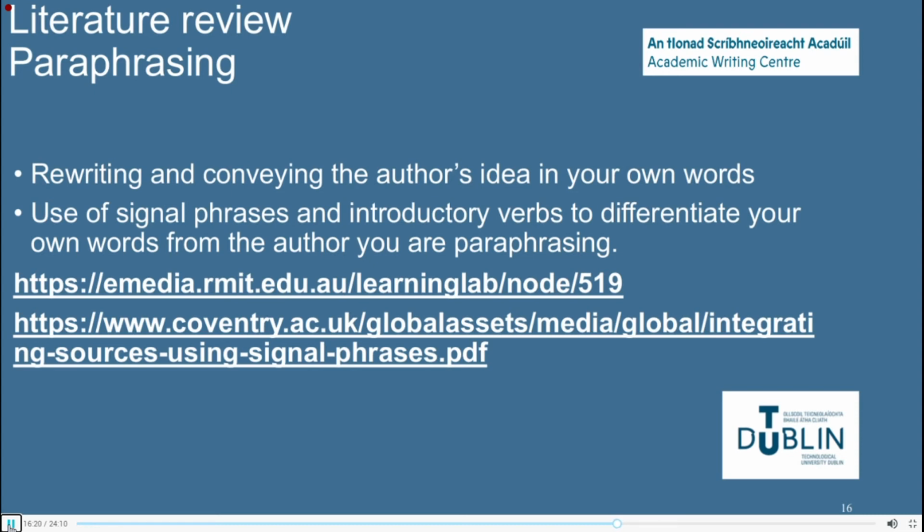You need to find a way to differentiate your writing from this paraphrase, and in order to do that, we use what we call introductory verbs or signal phrases, and you can find more about that in those web links there. So you may wish to consult the web links available to you in this slide.